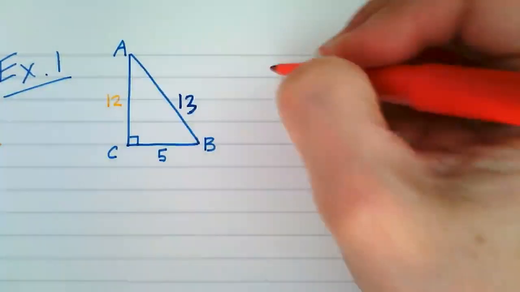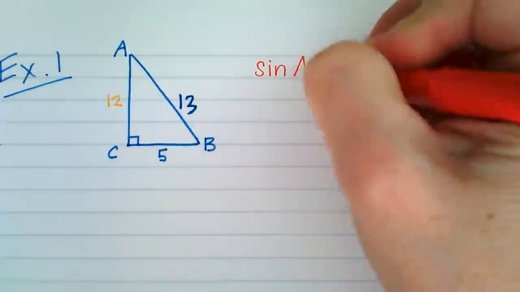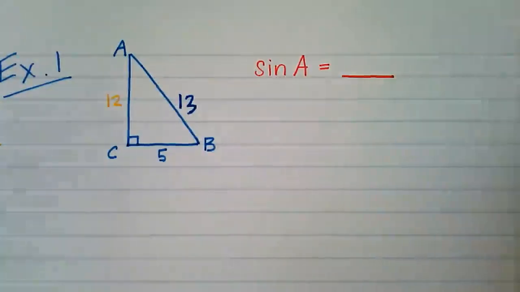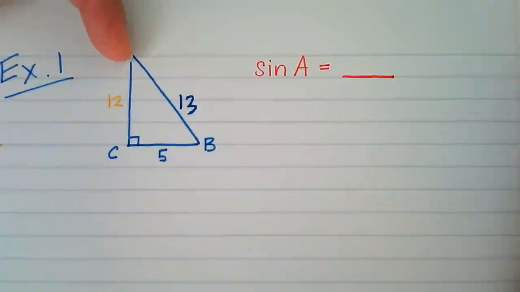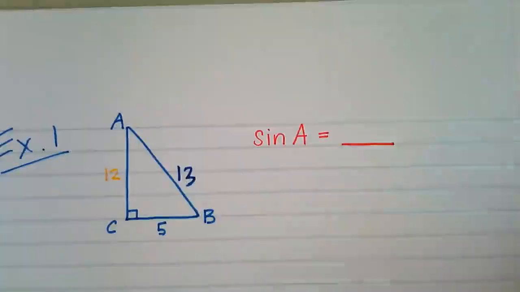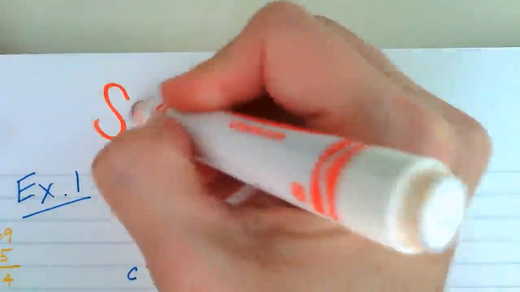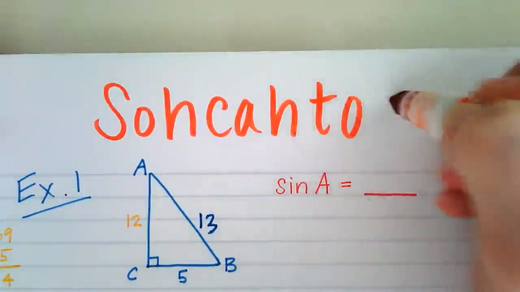All right, so here we go. If I want the sine from angle A, then that means I'm right here. So from angle A, the sine, so here, maybe we need to write this back up here because I'm on my next page. So, SOHCAHTOA.